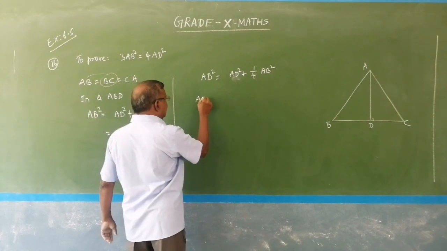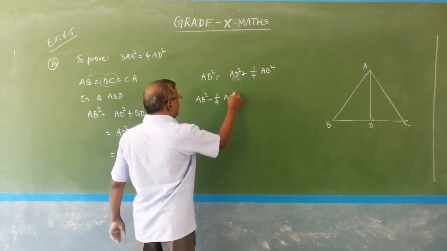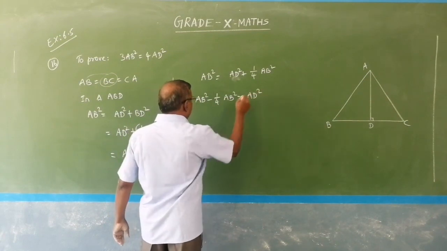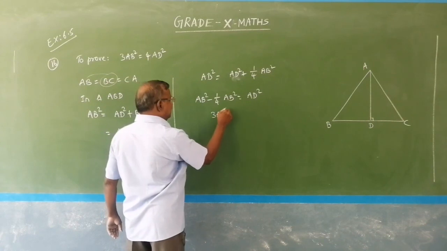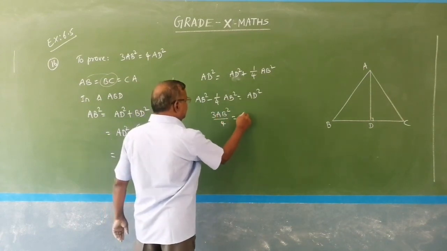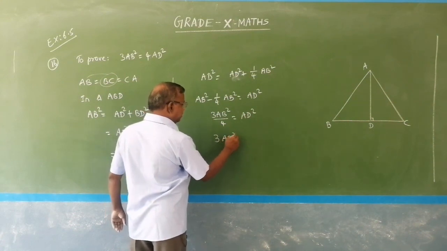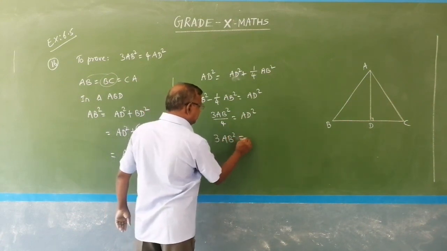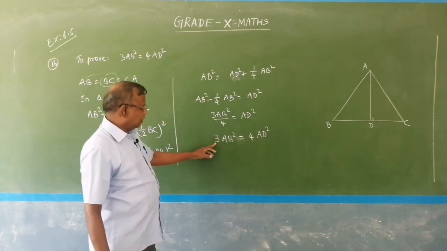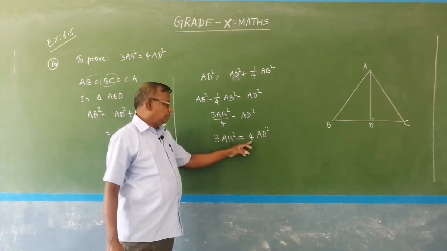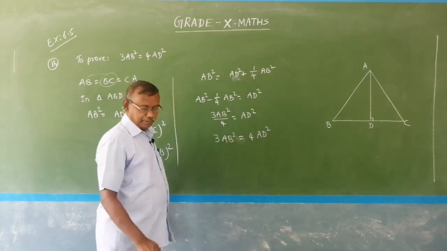So AB square minus 1 by 4 AB square equals AD square, or 4 AB square minus 1 AB square, 3 AB square by 4 equals AD square, or 3 AB square equals 4 into AD square. That is, 3 times the square of one side equals 4 times the square of one of its altitudes. Hence proved.